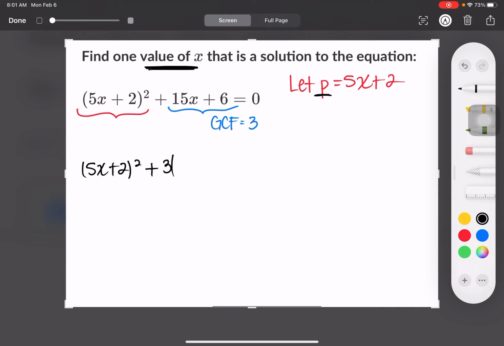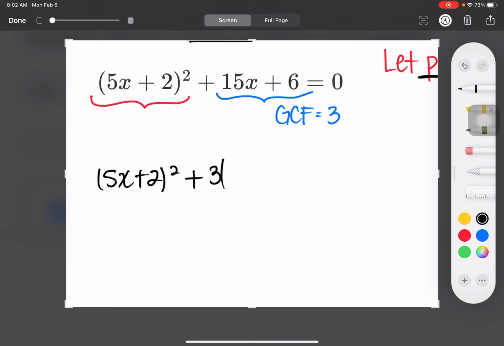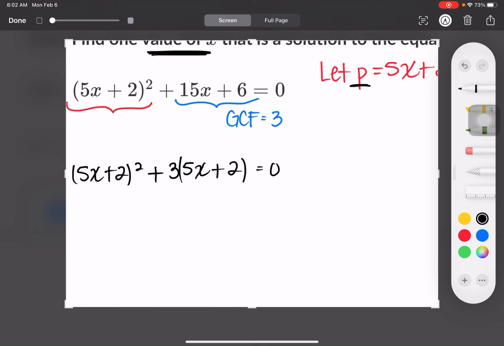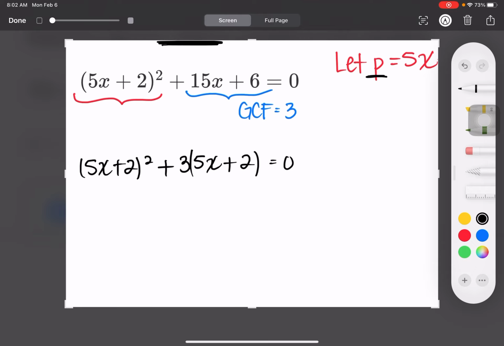If you factor out a 3 from 15x, you have a 5x left. And if you factor out a 3 from a 6, you have a 2 left. We did say that expression is going to be p. So then that's going to become p squared plus 3p equals 0, right?